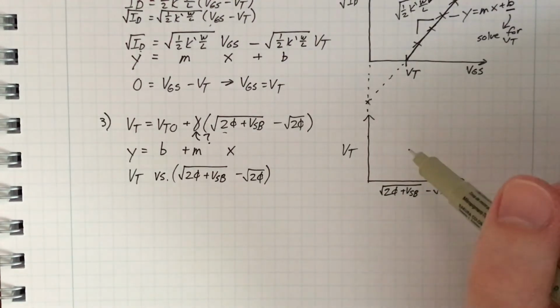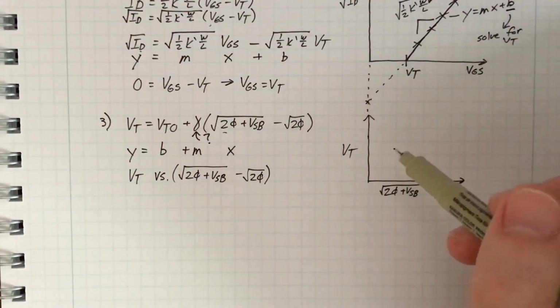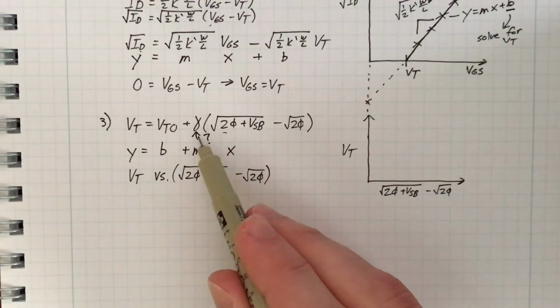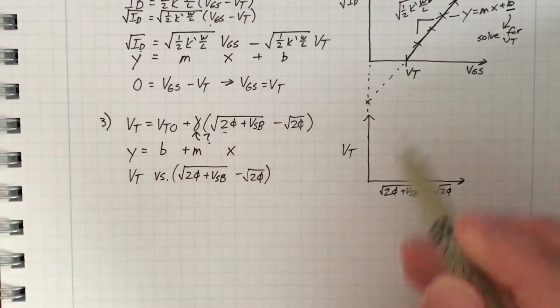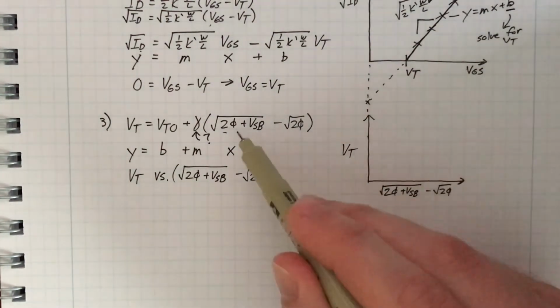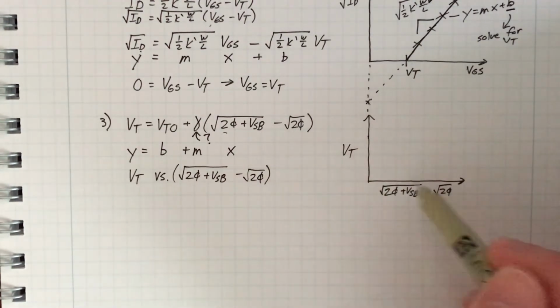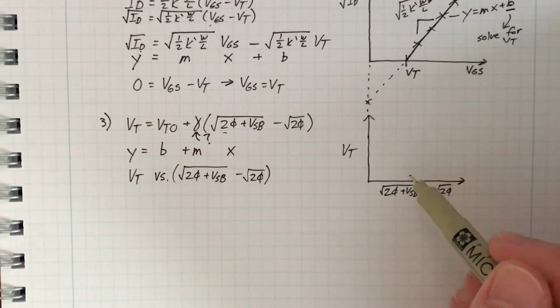We're only going to get 3 data points for this based on the data that the lab has you collect. And we know that gamma should be positive, so the slope's going to be positive. We're only going to deal with positive values of VSB, and so we're going to stay in the right hand part of the axes here.